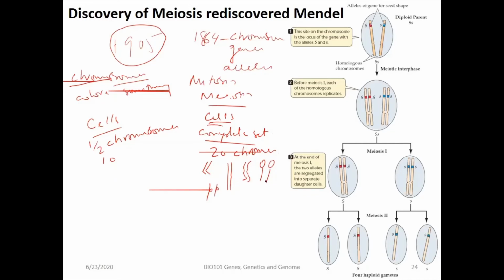So they are 20 existing in a complete set. But these ones were not containing pairs. And people who were studying mitosis and these cells came to a simple conclusion, they said, wow, these are the cells which contain half the number of chromosomes. These are the reproductive cells.